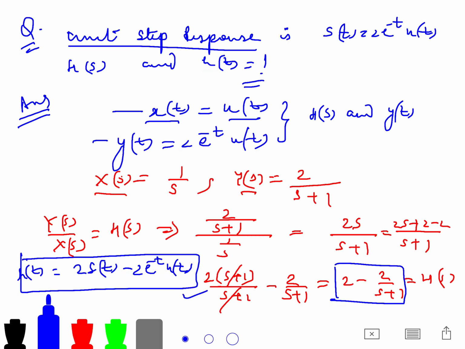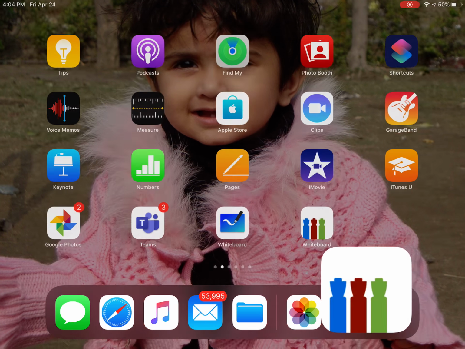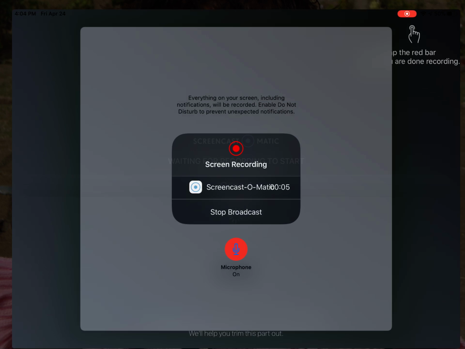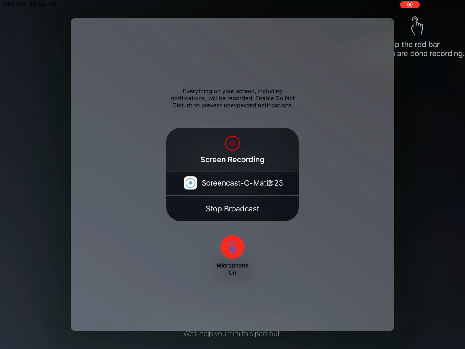Okay, so you can write it as 2 delta(t) minus 2e^(-t) u(t). This is your impulse response. These all are the questions based on the linear constant coefficient differential equation. Thank you so much.